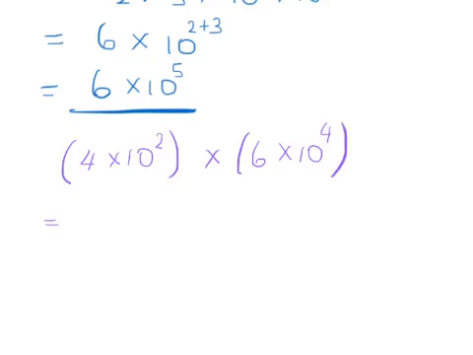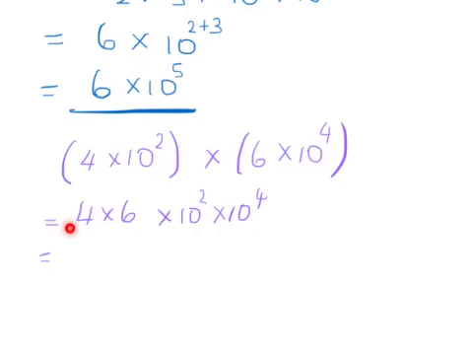Okay. We say to ourselves, I'm multiplying index numbers, which means I reorder them first of all: 4 times 6 times 10 to the 2 times 10 to the 4. So you write these numbers first, and then write the index numbers.